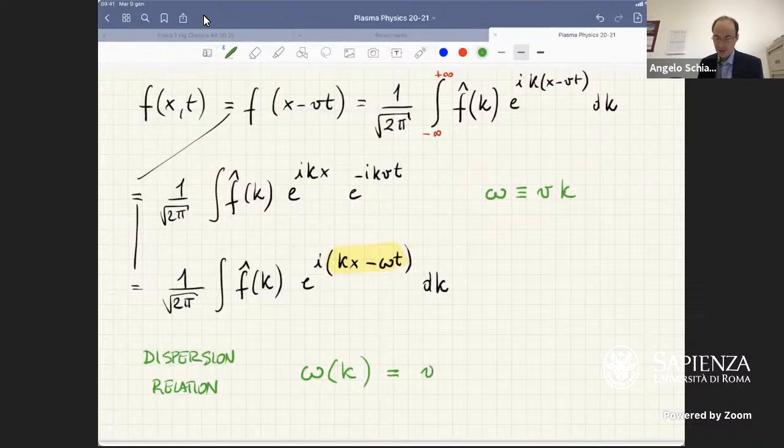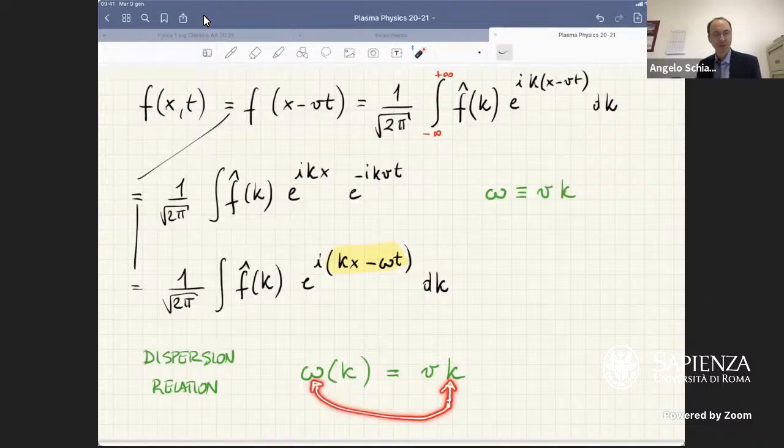It tells us that for any k number, we get the corresponding omega angular frequency of the wave that satisfies the wave equation. For any k, we multiply k times v, which is the speed of the wave, and we get the corresponding angular frequency of the wave.